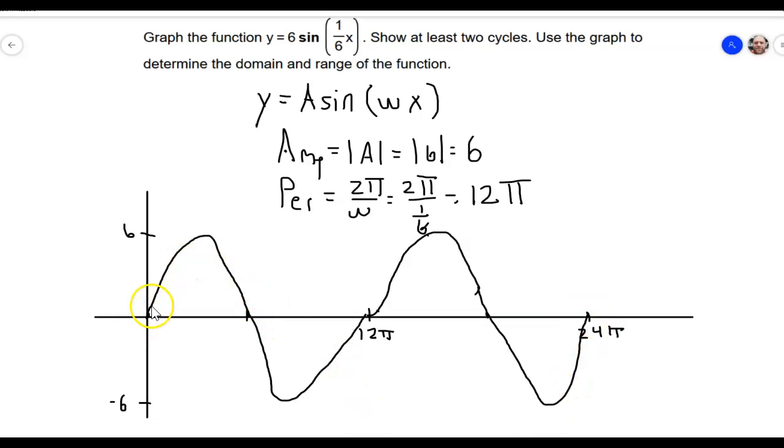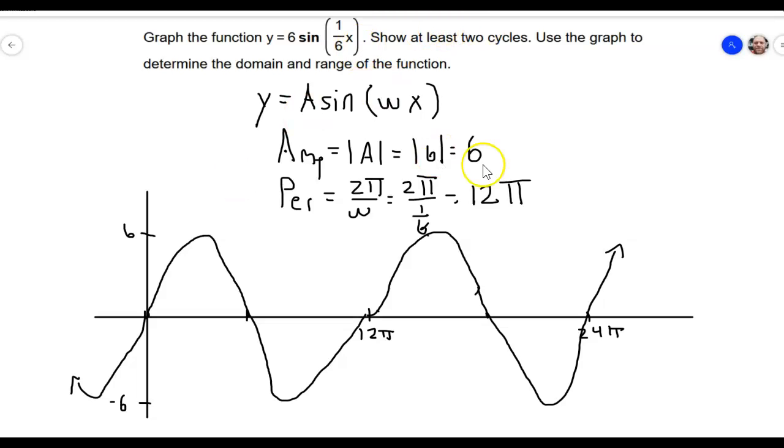So it should look something like this, and it's going to keep going that way and this way forever. Remember, this is a periodic function, which means that it repeats in both directions infinitely.